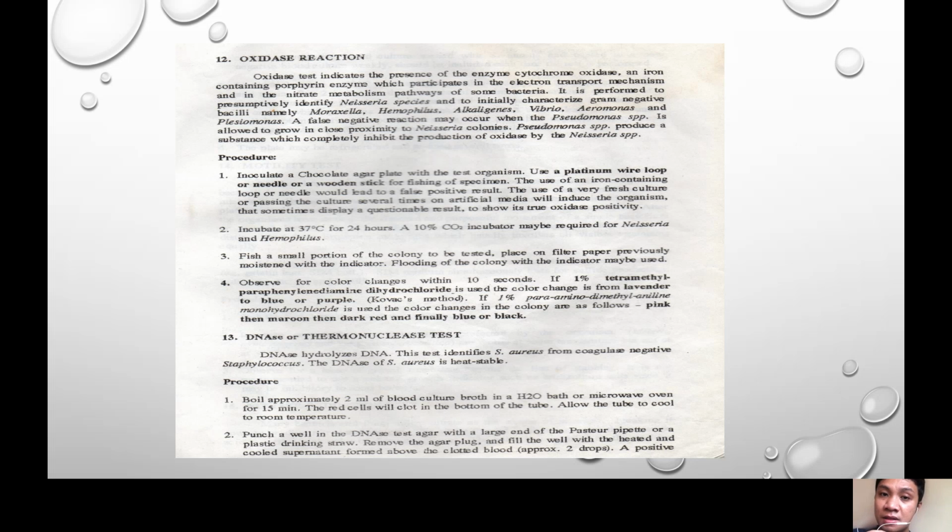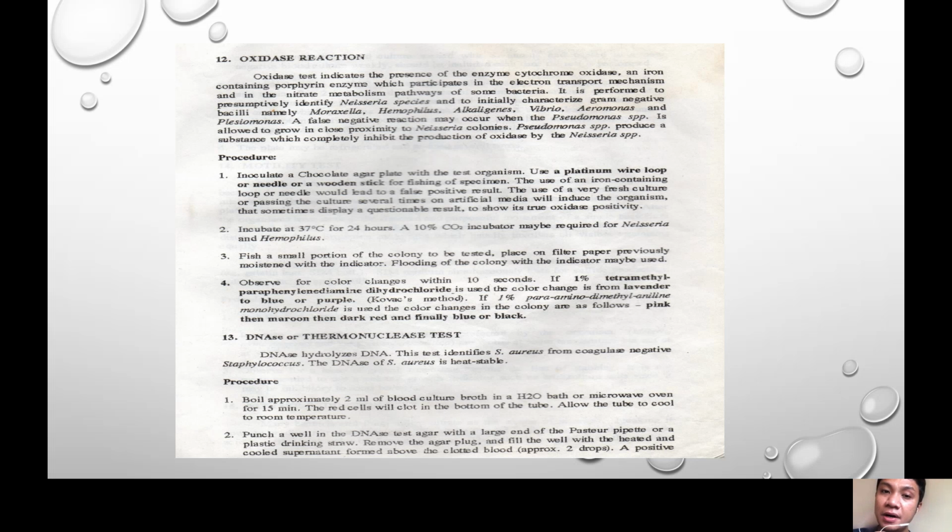It will give a positive result of purple or red in color. Another option is 1% para amino dimethyl aniline monohydrochloride, which will give a color reaction ranging from pink, maroon, dark blue, and finally black.